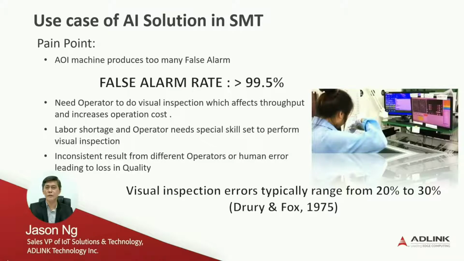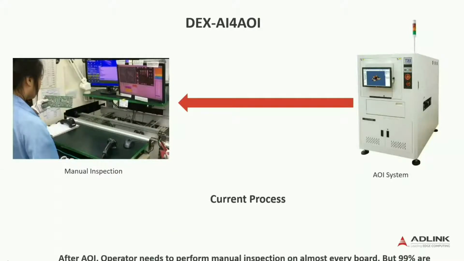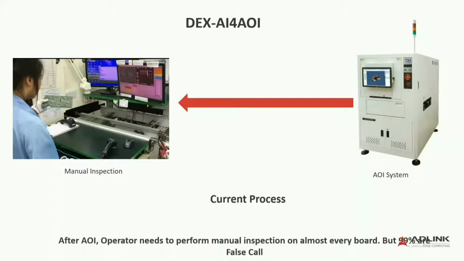Inconsistent results from different operators also contribute to loss in quality. Here, I shall introduce to you another ADLINK product, the AI for AOI, which we partner on with another AI company. The solution specially focuses on SMT AOI false call reduction.